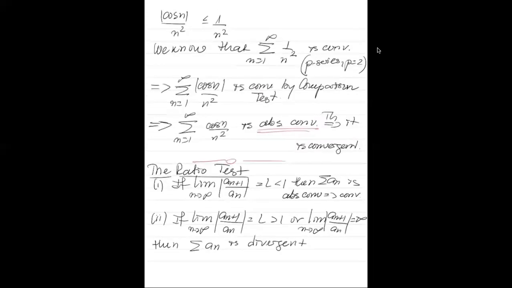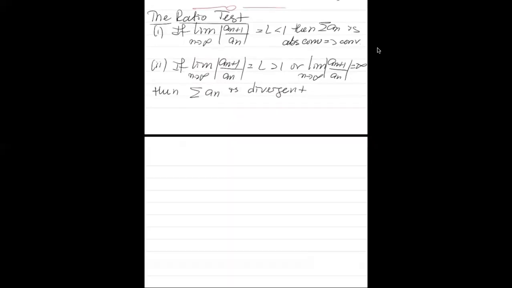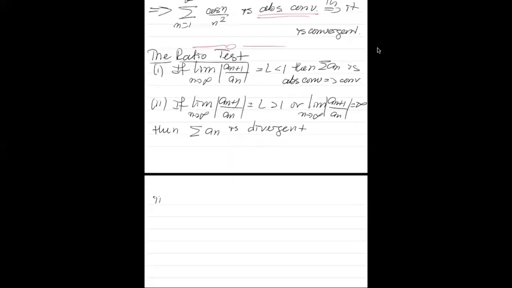And a third situation, when that limit is equal to exactly 1, so if the limit of the n plus 1 term over the nth term, absolute value, is equal to 1, then the ratio test is inconclusive.